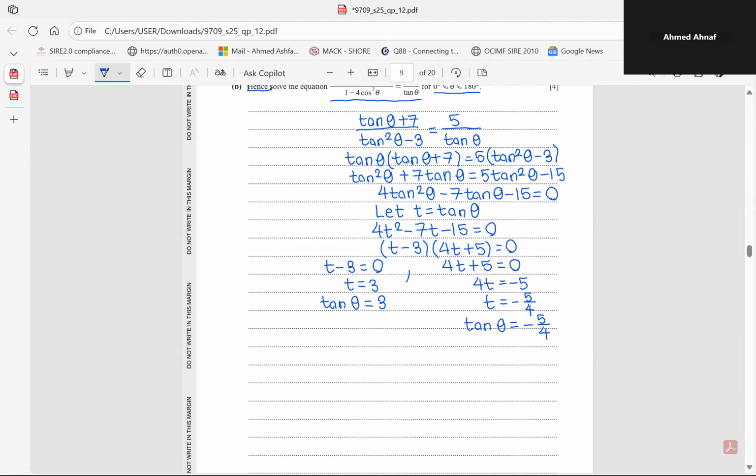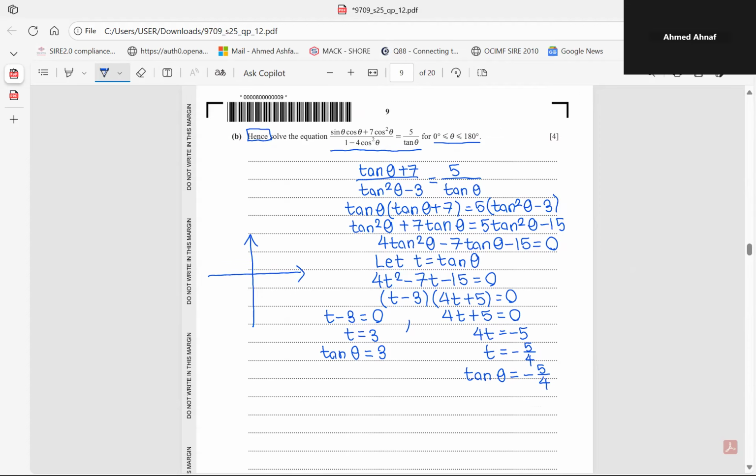All right, now to find theta, let's first draw our unit circle. So let's look at our domain first. Theta is between 0 degrees and 180, so it covers the first two quadrants only. The first quadrant is A, so that means all the trig ratios are positive, including tangent.